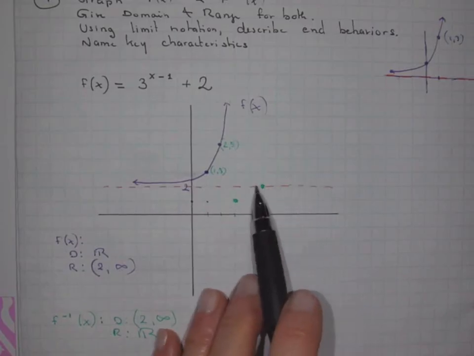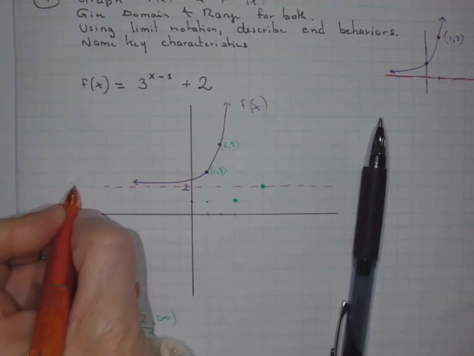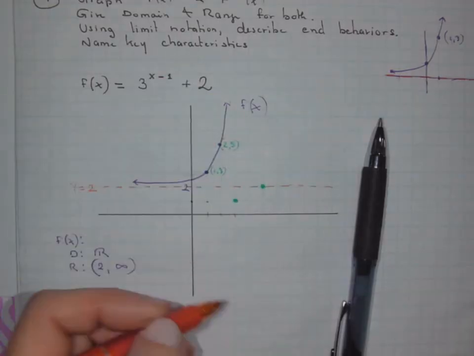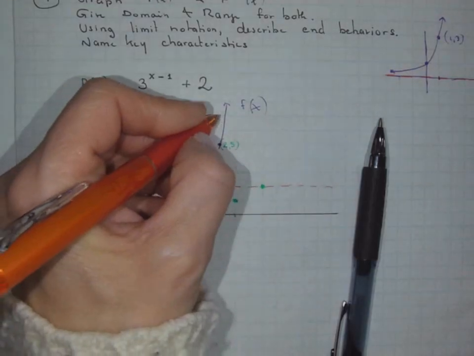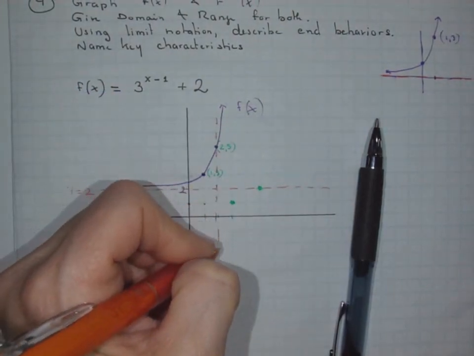And I have a horizontal asymptote here at y equals 2. Therefore, this one is going to have a vertical asymptote at x equals 2.